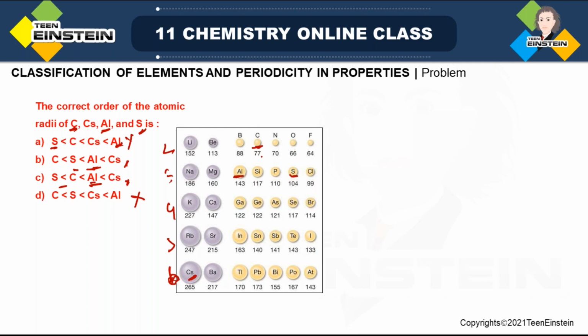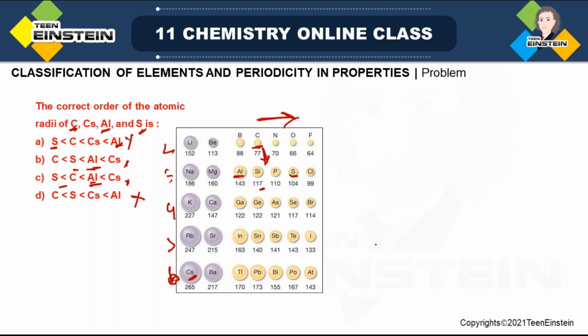That is, if you only consider this factor that along the period there is decrease. But remember, sulfur is not in the same period, but it is in the next group. So next group means obviously size will be high. But it is also true the next group, if it is directly below carbon, you can be confirmed that yes, it is high.